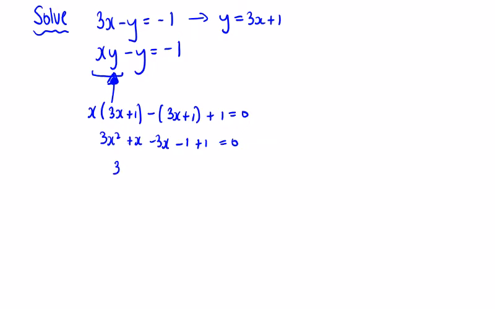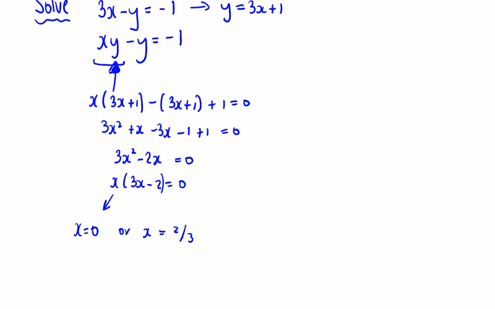So you're going to get 3x squared minus 2x is equal to 0. And if we factorize this, we're going to get x times (3x minus 2) is equal to 0. So x is equal to 0, or x is equal to 2 over 3.